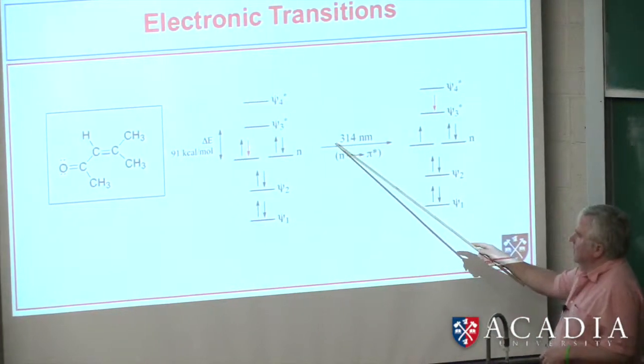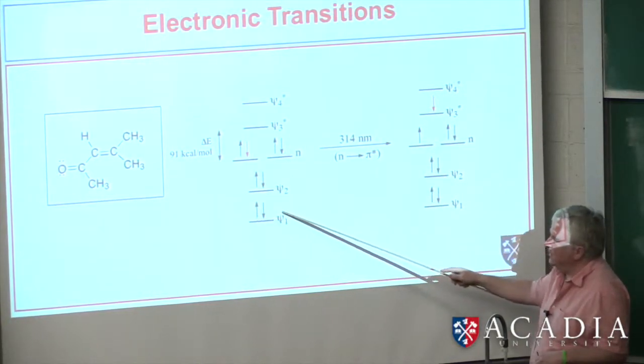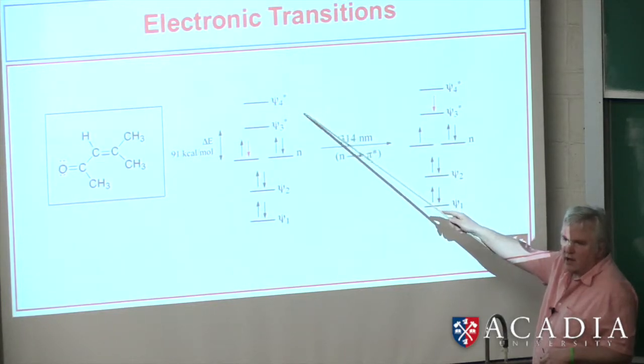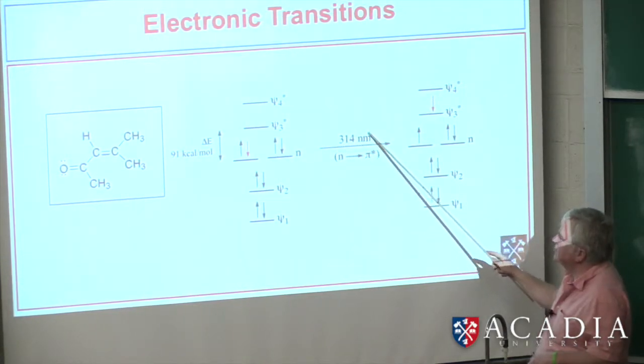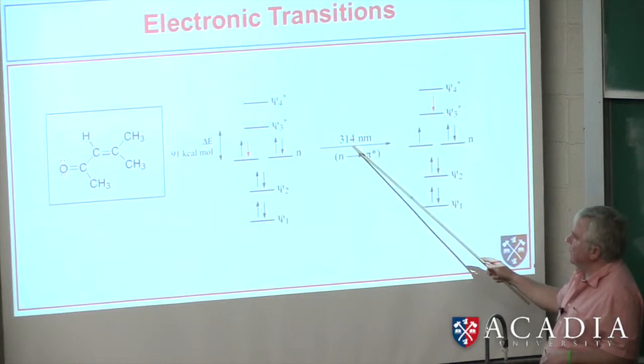These are higher in energy than the molecular orbitals, the bonding orbitals. They're non-bonding orbitals, and they're closer in energy to the unoccupied orbitals. So we can use very low energy light for those transitions.